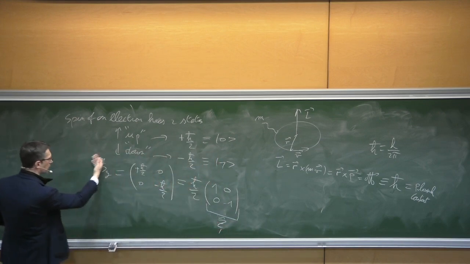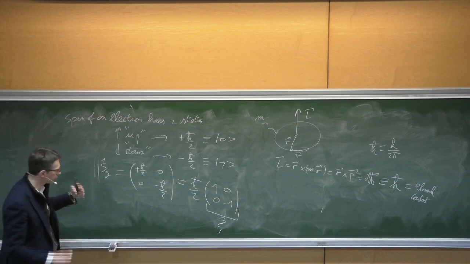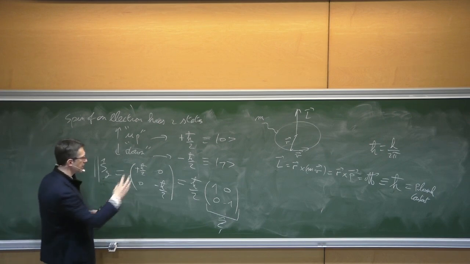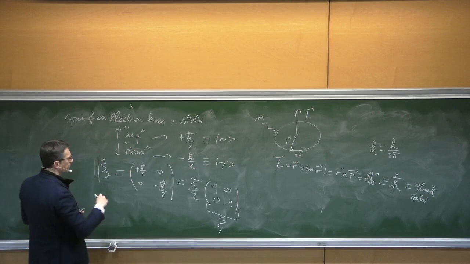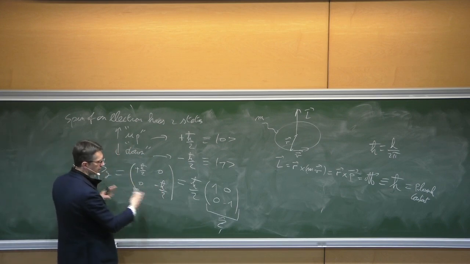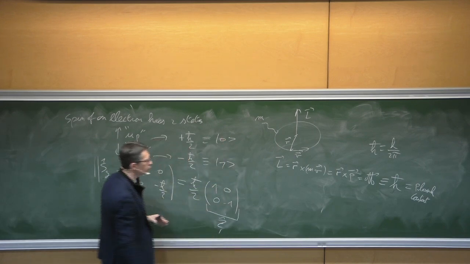So this operator is the spin operator. Physically, if I measure the spin of my electron, I will find either this value or this value. And this is in fact the Z matrix that can be applied to a qubit 0, 1.